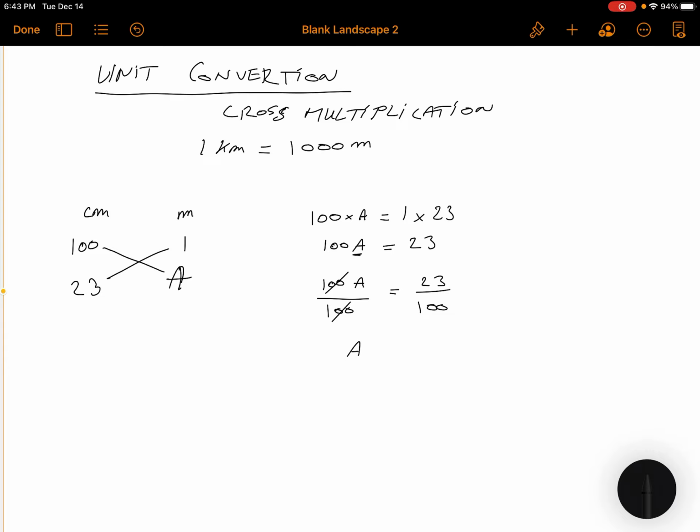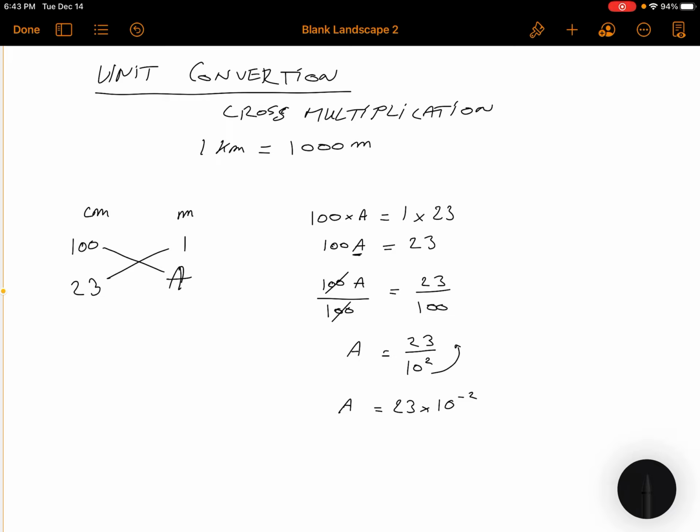So A is going to be equal to, and here we're going to use scientific notation, 23 by 10 to the power of 2 in the denominator. When the power of 2 is at the bottom of the fraction, if you want to bring it up, the exponent becomes negative. So this is 23 by 10 to the power of minus 2.